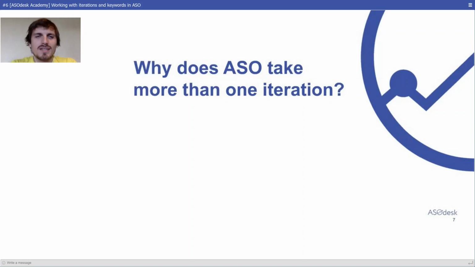Do you remember on Monday I was sharing with you the idea that ASO won't work if we go on with only one or two iterations, and normally App Store optimization starts to pay off only after two to three months. So any ideas? Why does ASO take more than one iteration?